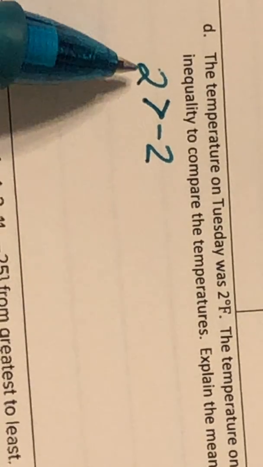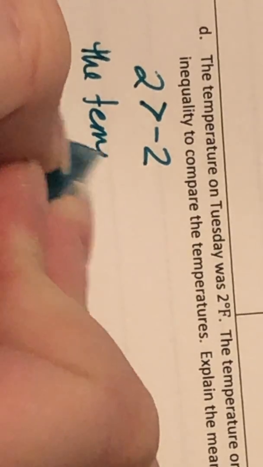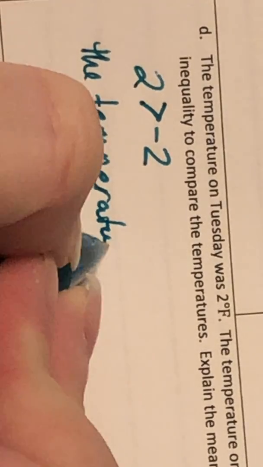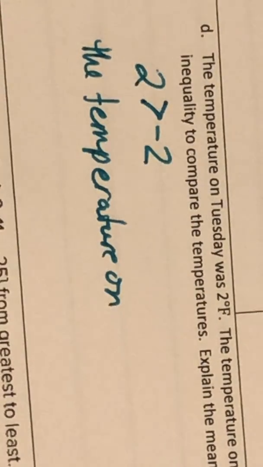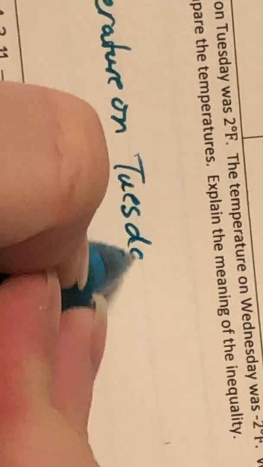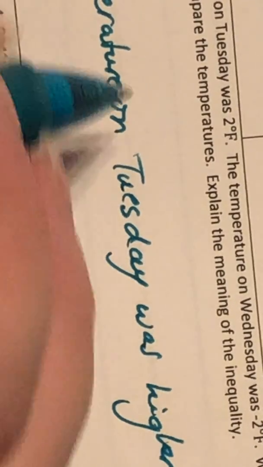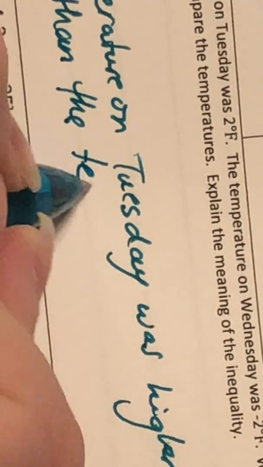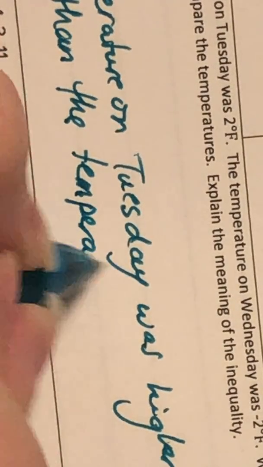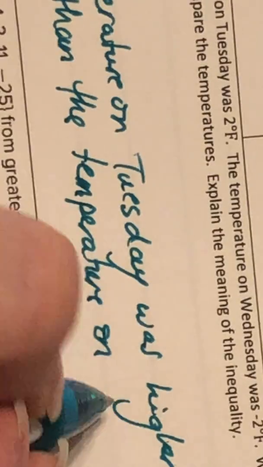So then I need to explain the meaning. So the temperature on Tuesday, because Tuesday was 2 degrees, was higher than the temperature on Wednesday.